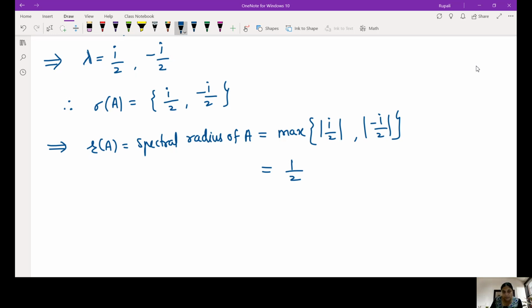Under root 0 square plus (1 by 2) square, which is nothing but 1 by 2, and that is strictly less than 1.